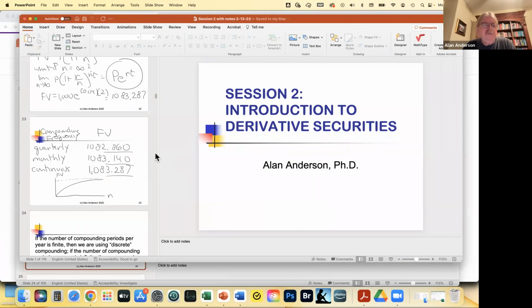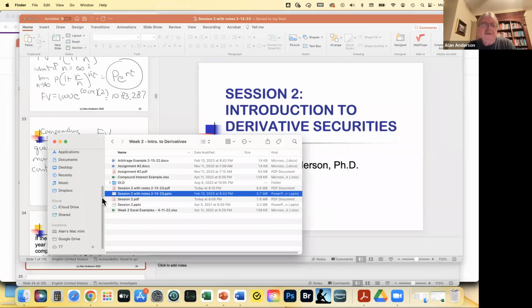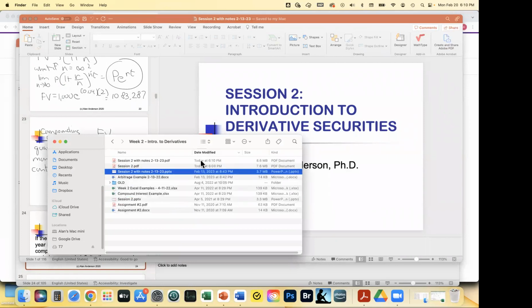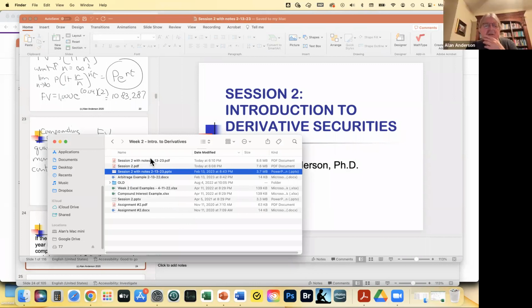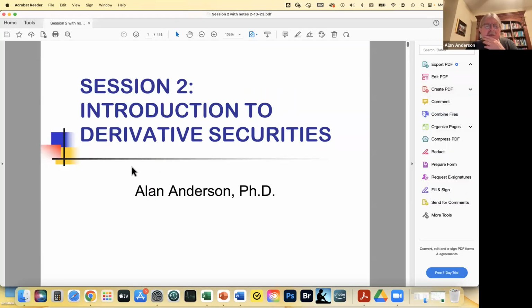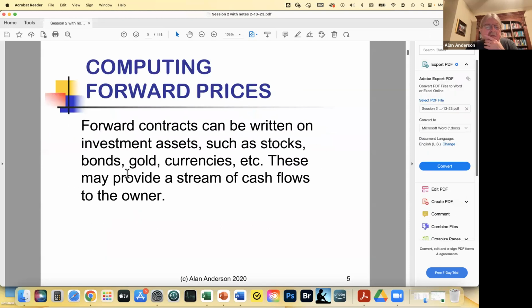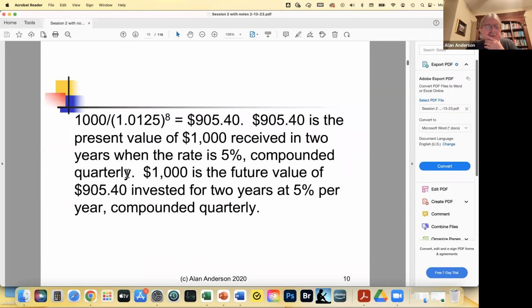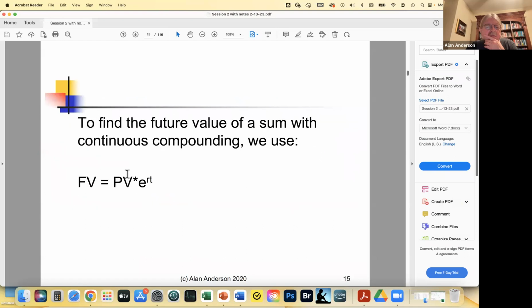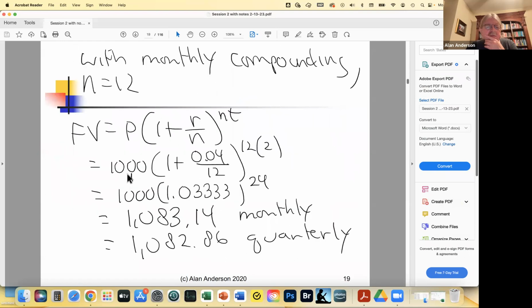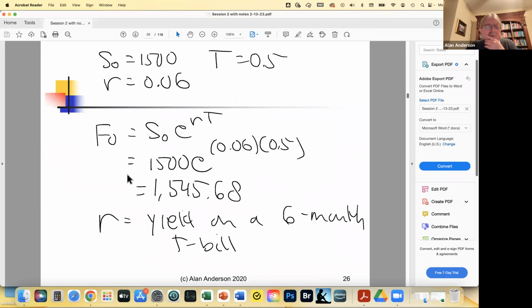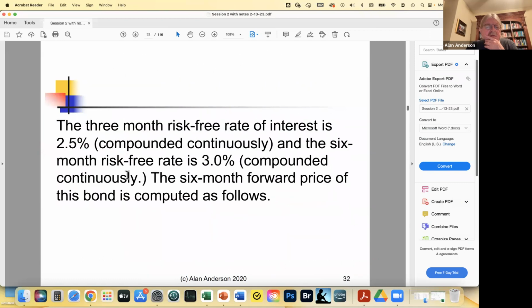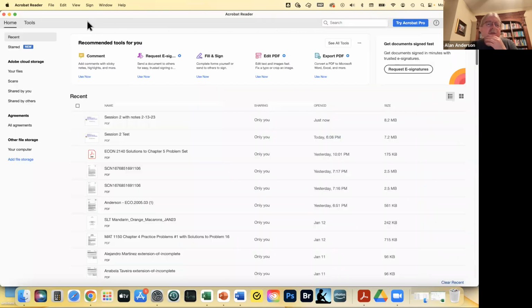Okay, and then we'll open it up. So this is the one that we did last week, where I have all the handwriting in it. See, it's fine.